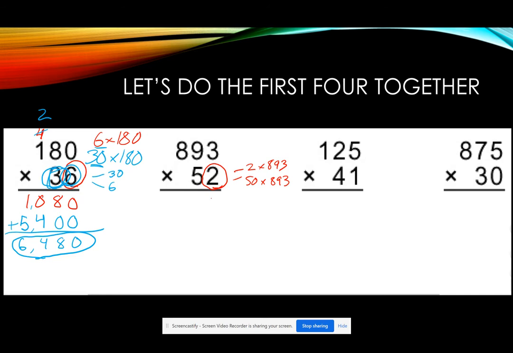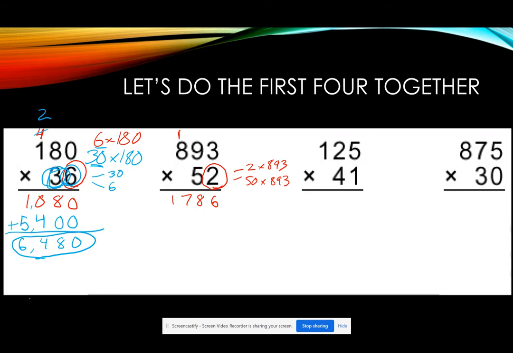So we're going to do 2 times 3 to get 6, 2 times 9 to get 18, write my 8 down below, carry my 1 into the hundredths place. And now we're going to do 2 times 8 to get 16, plus that 1 we have up above. So now we have 1,786.